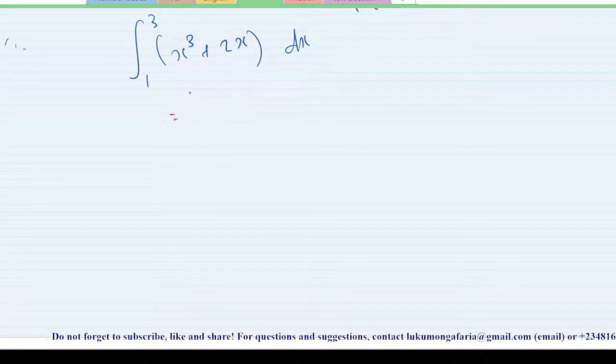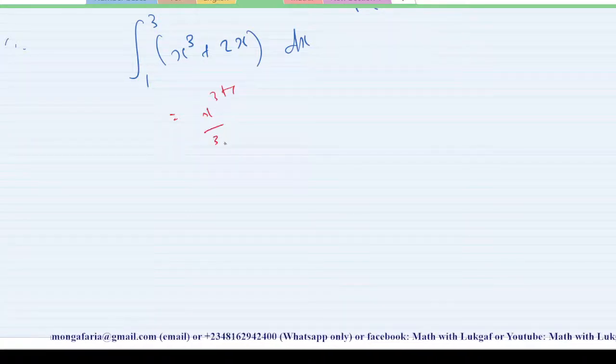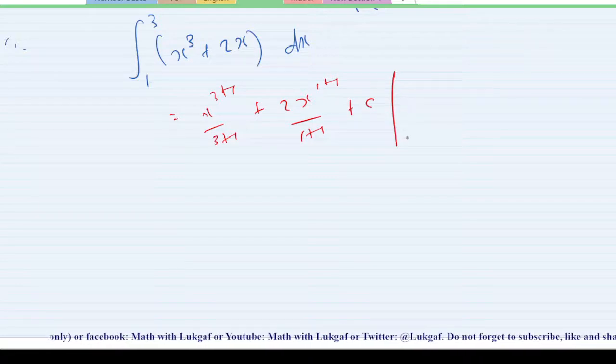So you are going to integrate it first. Don't forget your integral satisfies the linearity property. You add 1 to the index divided by the new index, plus add 1 to this index divided by the new index, plus c, right? You will see the c is going to cancel out now.